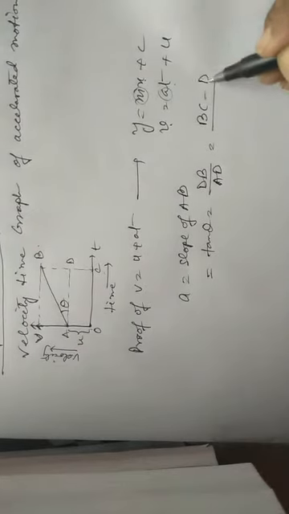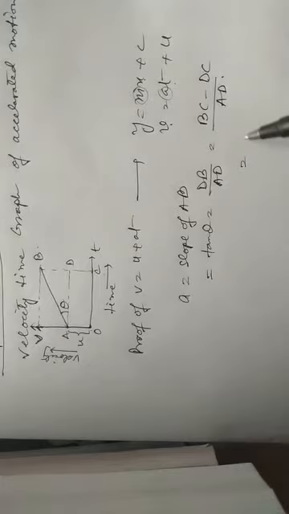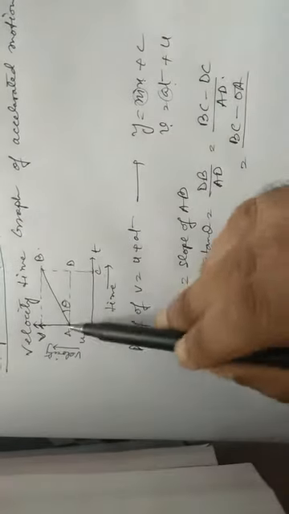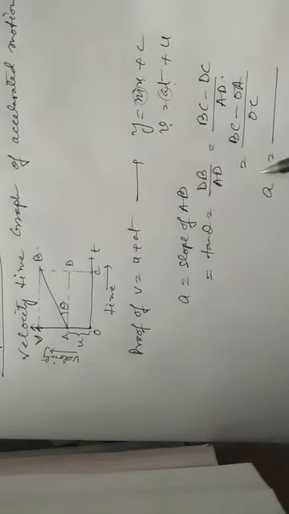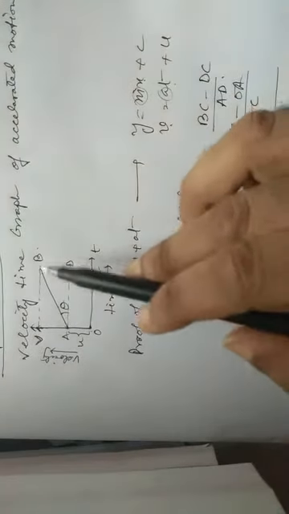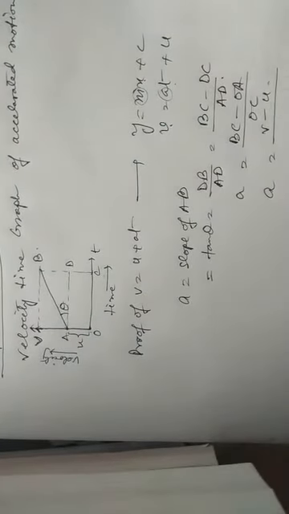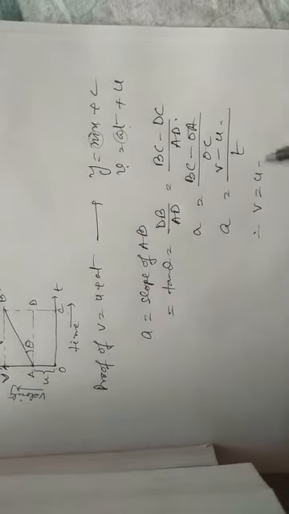BC minus DC by AD. Again, BC minus CD is equivalent to OA. Similarly, AD is also equivalent to OC. Now we replace BC with V, OA as U, and OC as T. Therefore, V is equal to U plus AT.